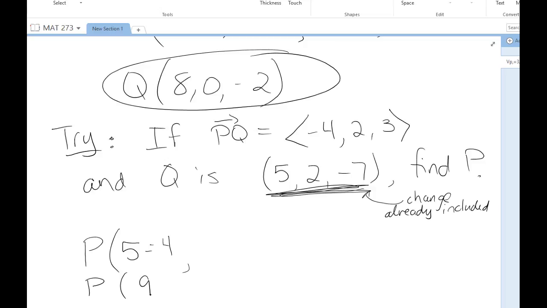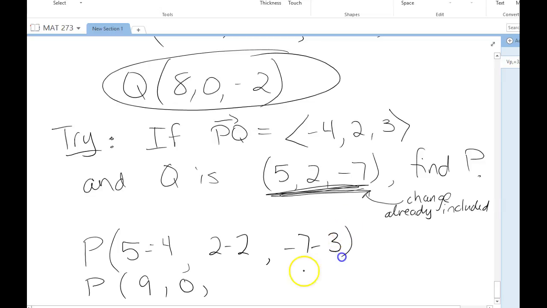The X coordinate went down 4. So you're doing your ending minus your change. So what do we do for the Y? We get 2 minus 2, which is 0. And -7 minus 3 is -10. So if those are the correct components and the correct terminal point, this vector should have started at 9, 0, -10.